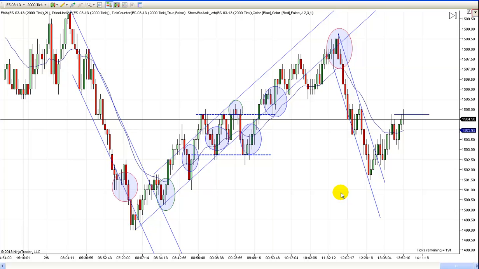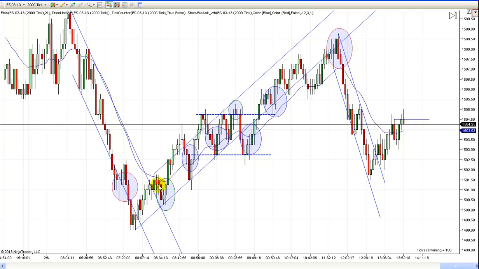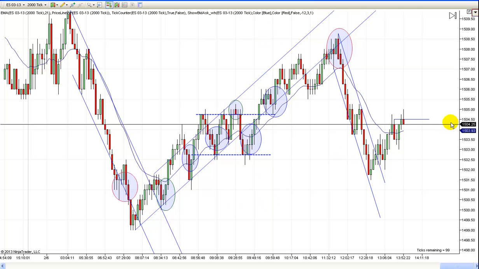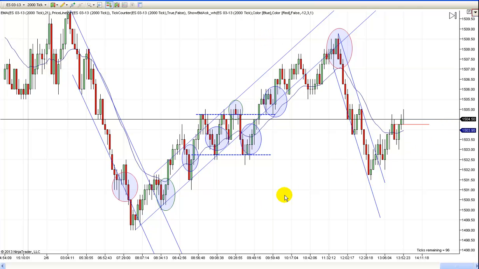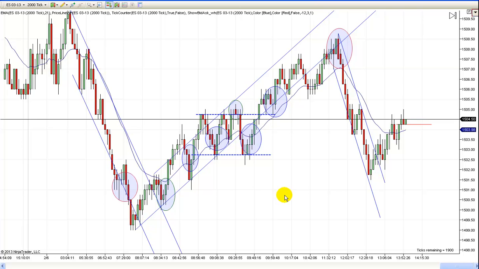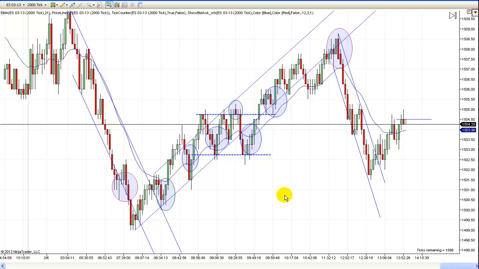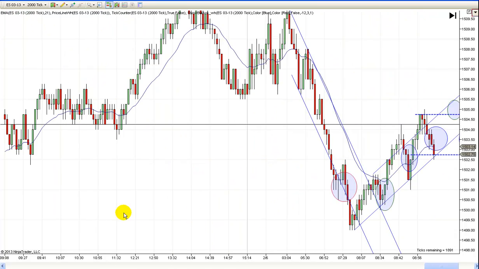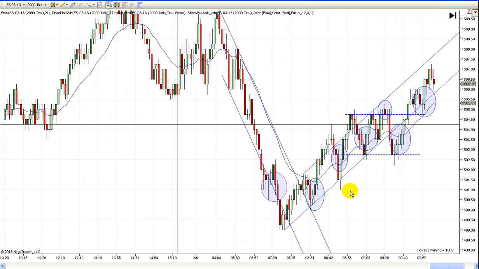But the point I was trying to make yesterday is that your best trends will always form at 45-degree angles. If they're steeper than that, they're too strong. And if they're narrower than that, or flatter than that, I guess you should say, they're too weak. If they're too strong, they're not going to last, and if they're weak, they're not real good trends. A good, healthy trend will normally sit at a 45-degree angle on your chart.